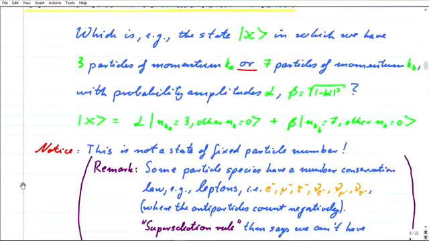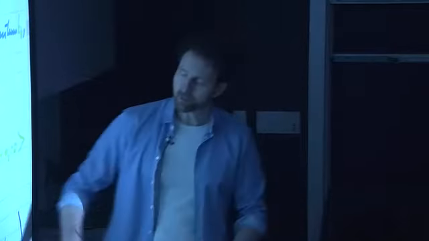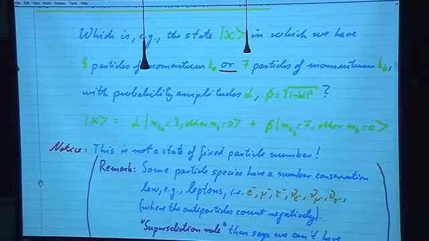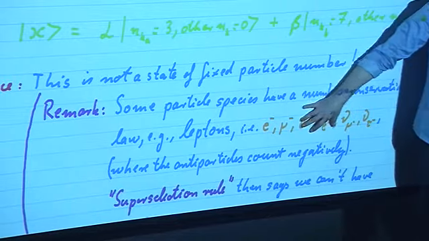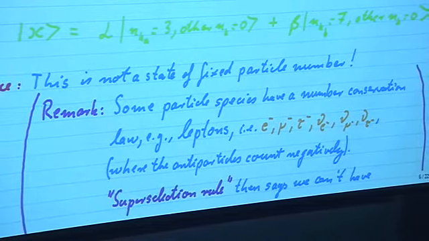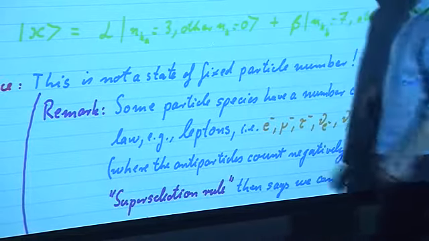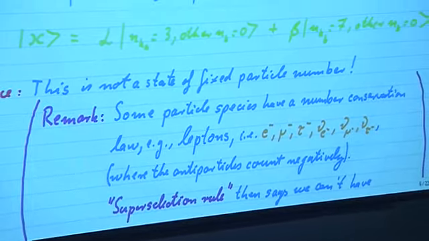For example, leptons. And leptons are electrons, muons, tau particles, and their neutrinos. And the total number of those guys is always conserved, if you count their antiparticles as having negative particle number. So that means you could write down such a linear combination, but the idea is that they don't occur in nature.